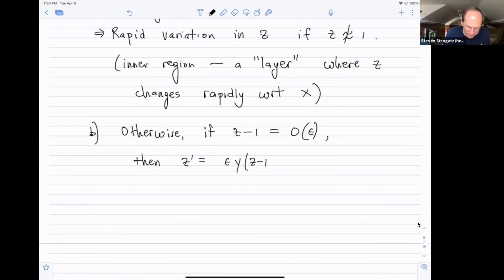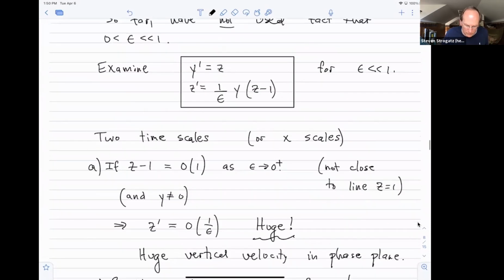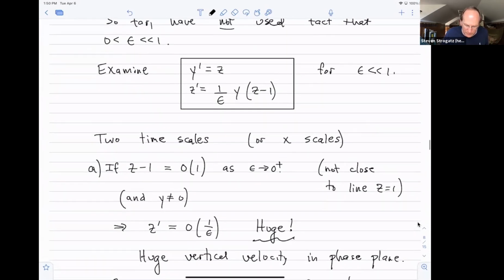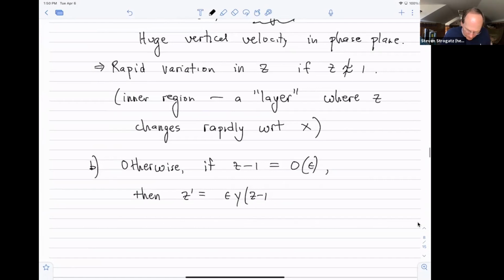I'm sorry, I meant y prime. Wait, Z prime, let's try this again. I meant 1 over epsilon, that's my mistake. 1 over epsilon y Z minus 1 is our equation for Z prime.